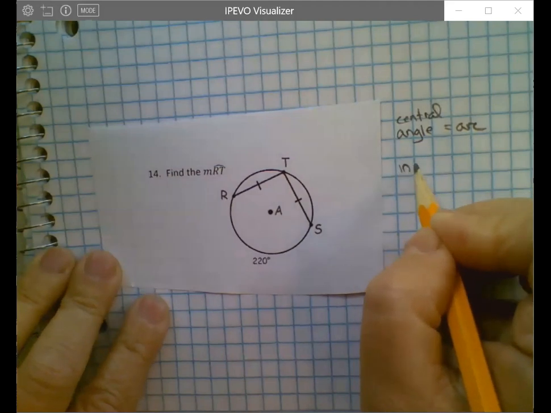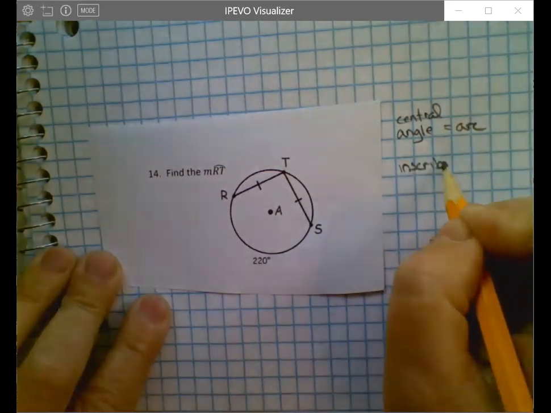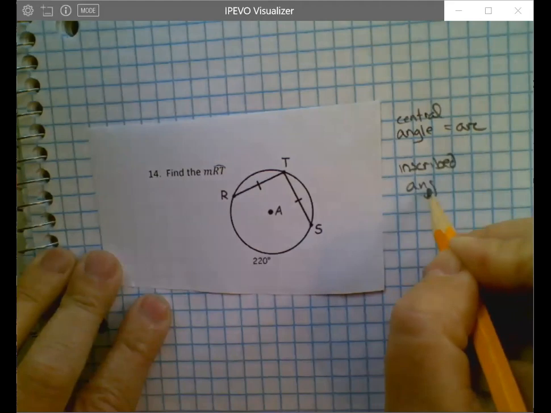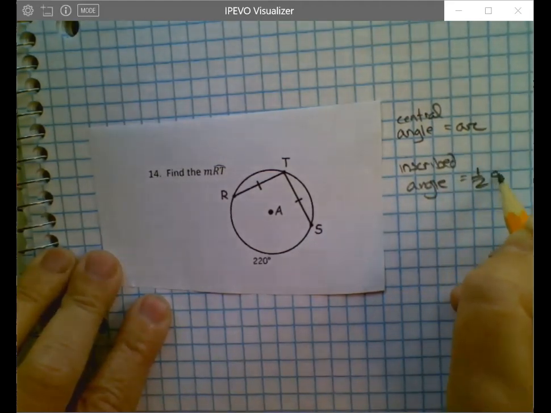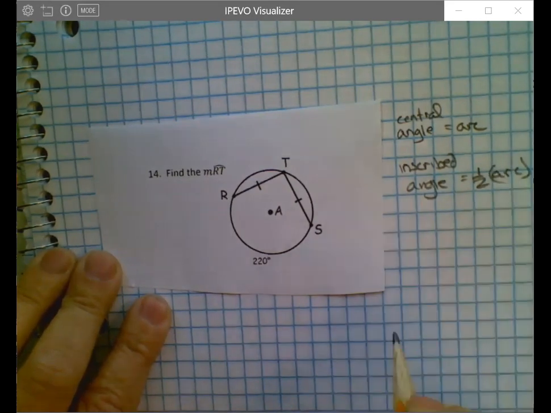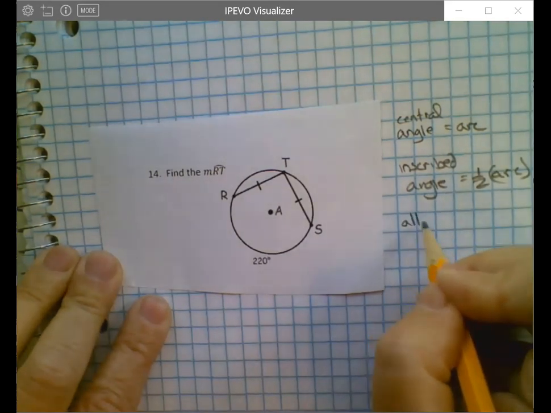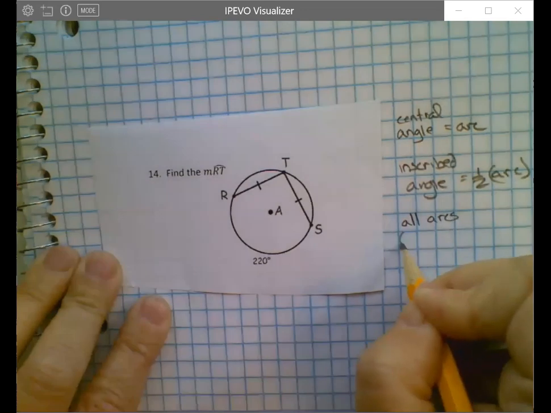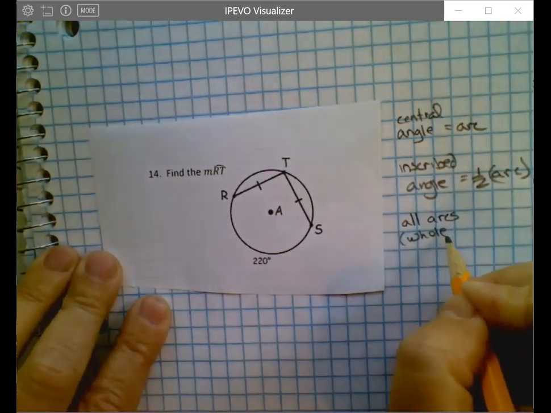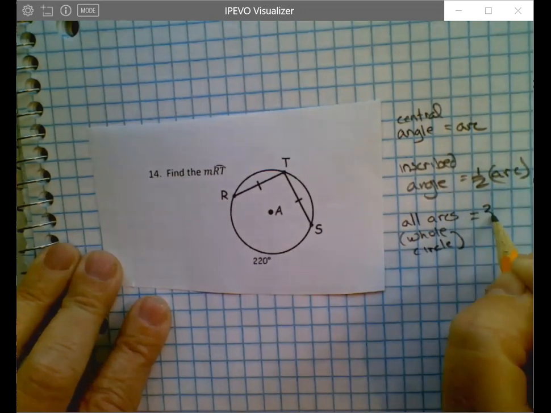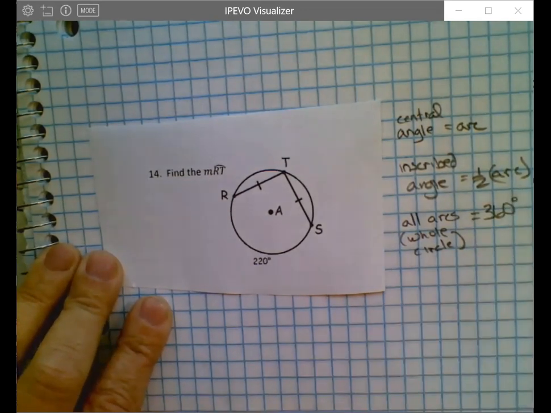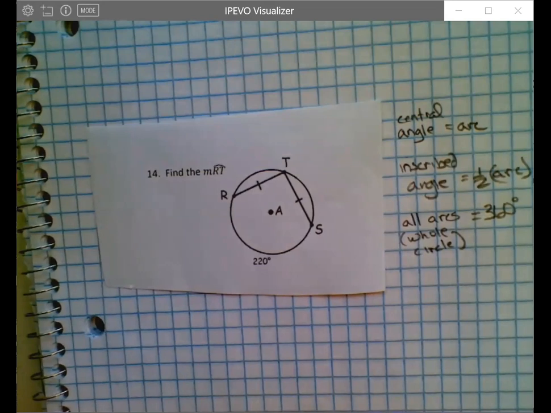If you have an inscribed angle, it equals 1/2 of the arc. And all arcs, or the whole circle, add up to 360.